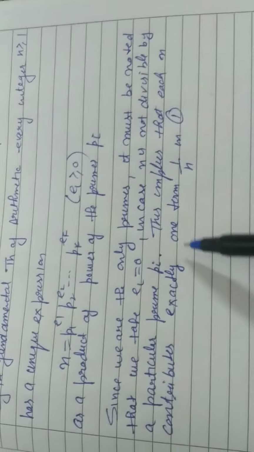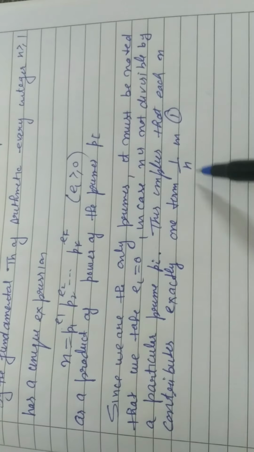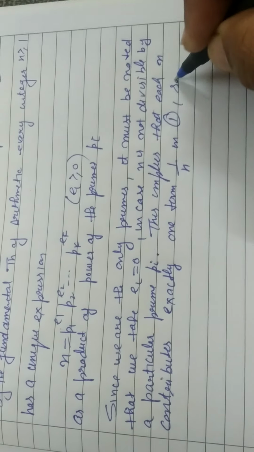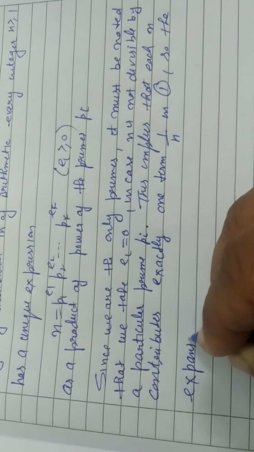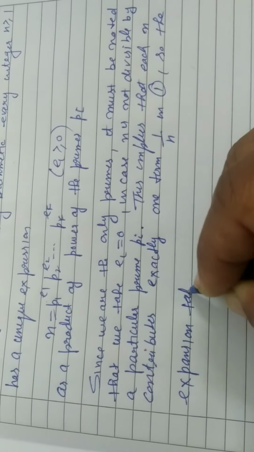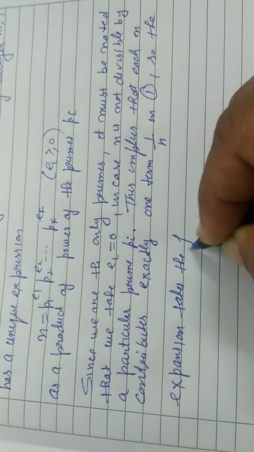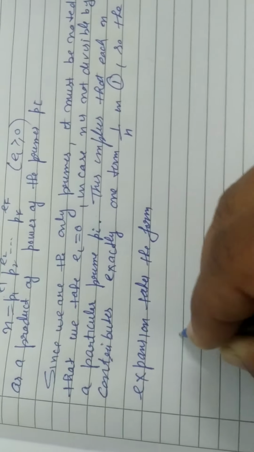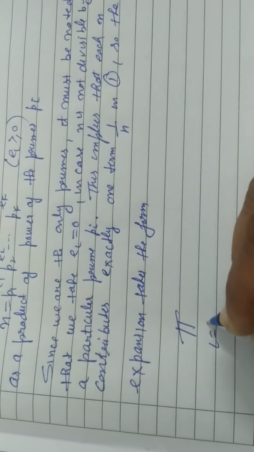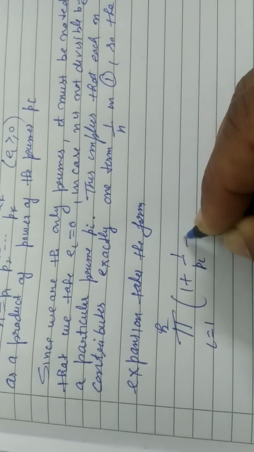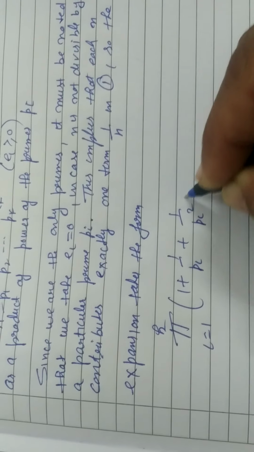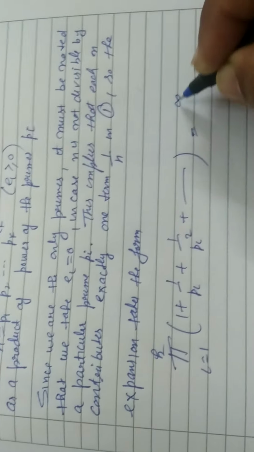So each term contributes exactly one term 1 by n in 1. So the expansion takes the form, sum over i equal to 1 to k. This expansion takes this form.